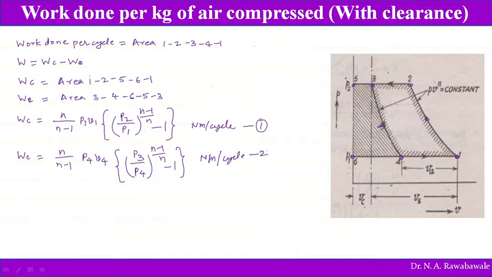So we call this equation number 2. So work done during compression is given by P1 V1, initial pressure, initial volume, highest pressure divided by lowest pressure, P2 divided by P1 to the power of n minus 1 divided by n.